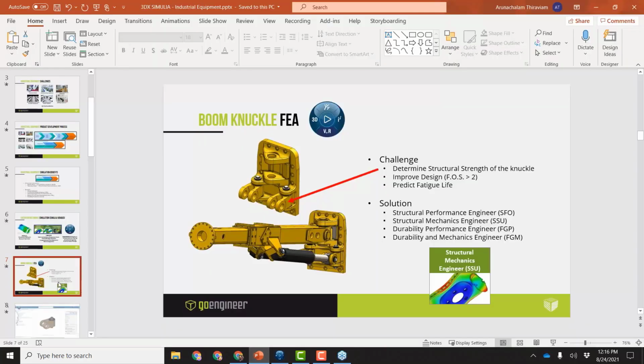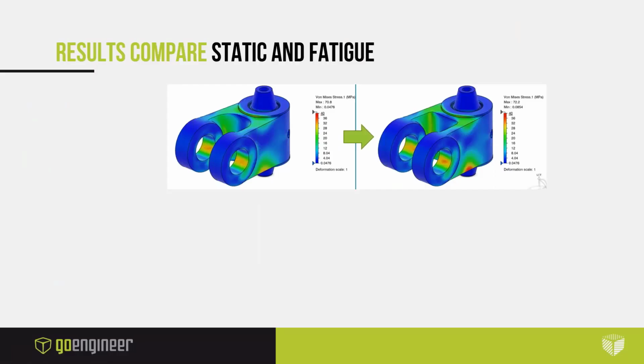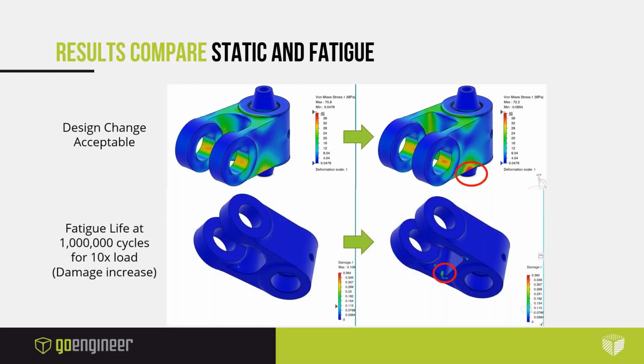Now, let me jump back into the presentation and quickly summarize this workflow. I was able to run the static and fatigue analysis with the interface, and make design changes just with the interface to compare the static results for both versions of the design. I did find that although the design is acceptable, there are certain areas that experience a lot more stress than intended.